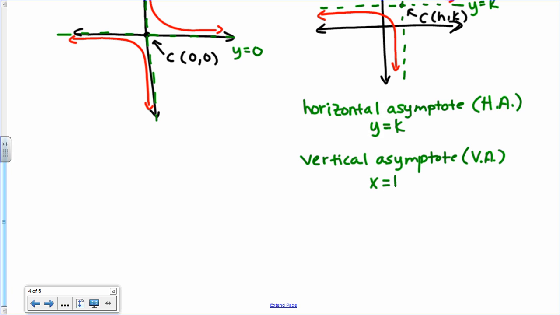That's x equals h when we're in shifted form. Okay, so we're going to practice graphing a couple of these.